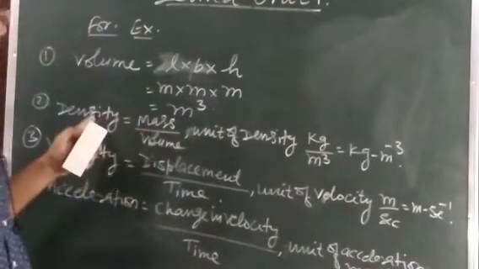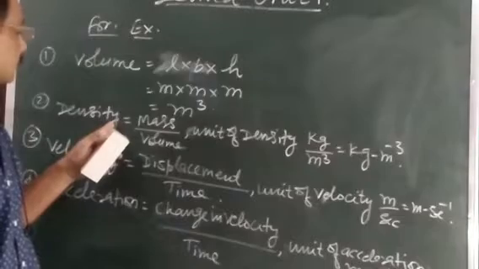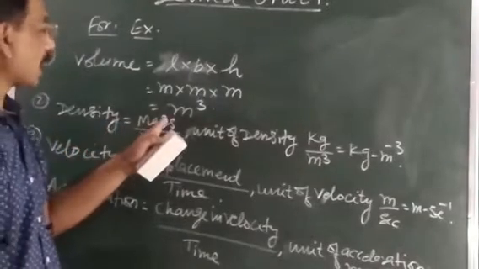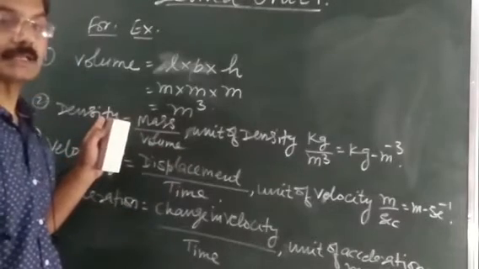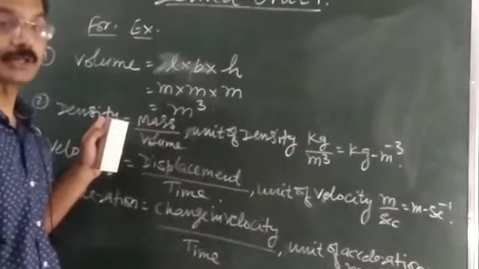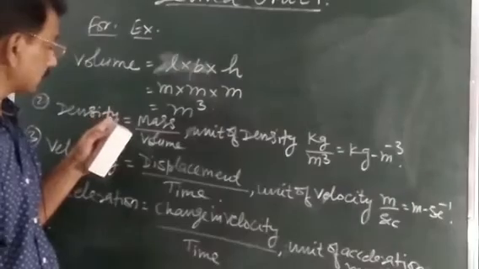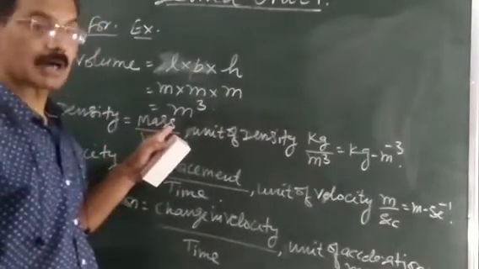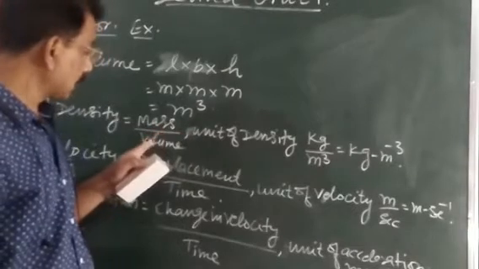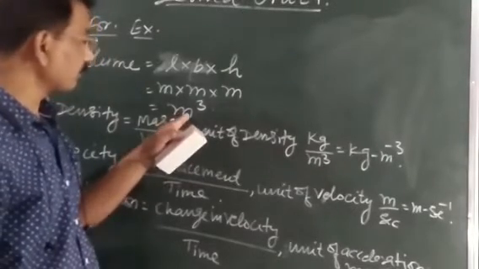Similarly, the next derived unit is density. You know, density is equal to mass upon volume. And even density is not in the list of fundamental units. But density is derived with the help of the fundamental units. How? Mass is in the list of fundamental units. And we have already derived the unit of volume, which is meter cube.